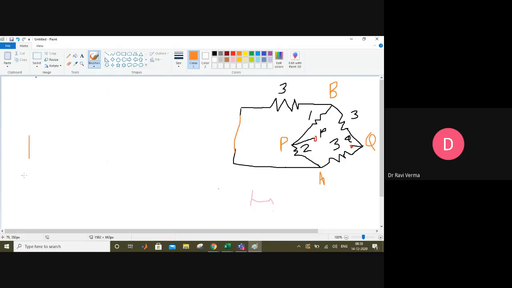So see, from P to B, suppose this is P, this is B, and there is one more point A. I'll draw one by one. So P to B is 1 ohm. B to Q is 3 ohm.